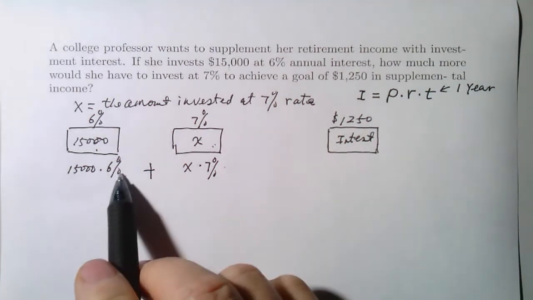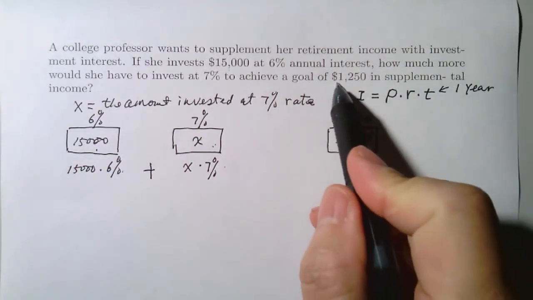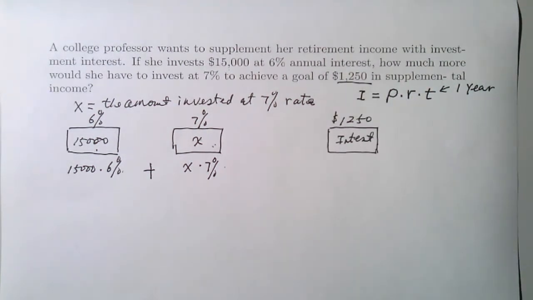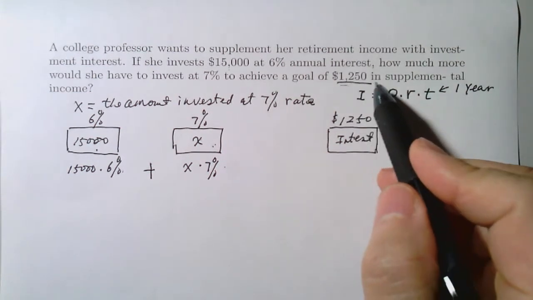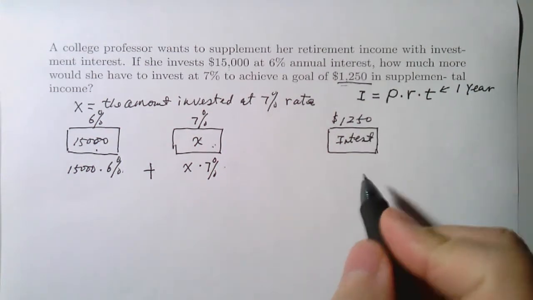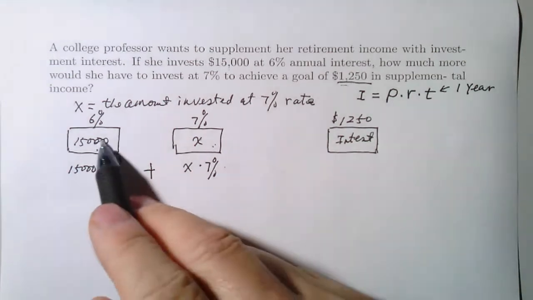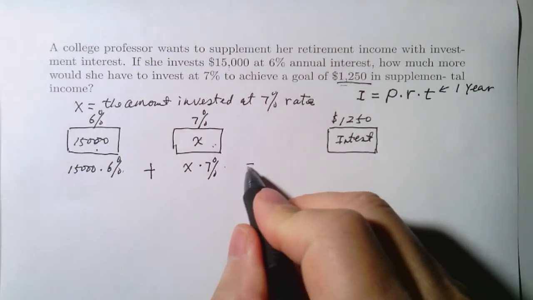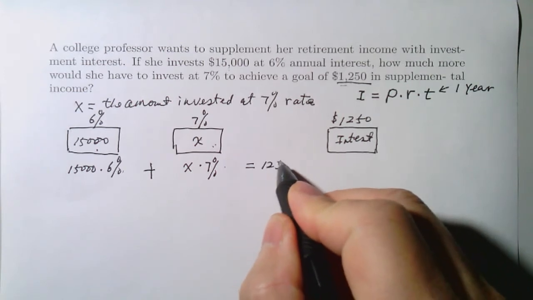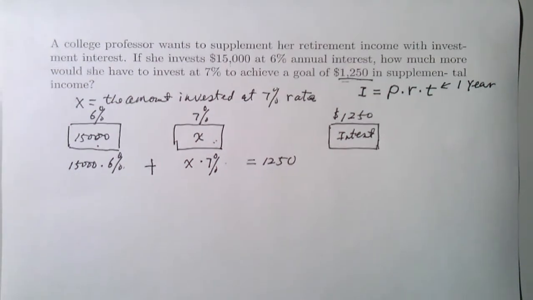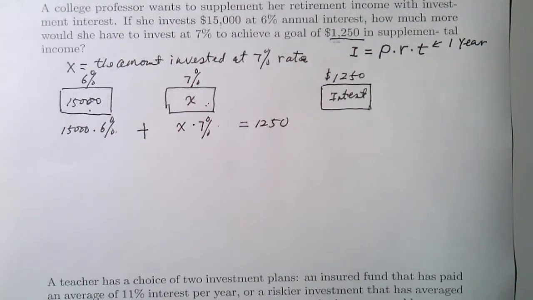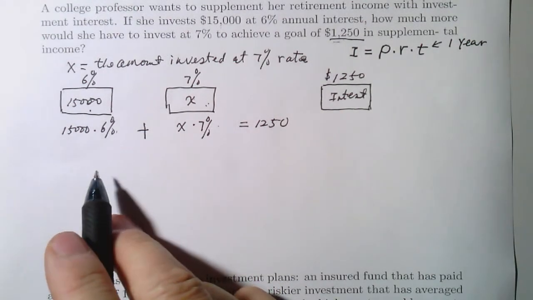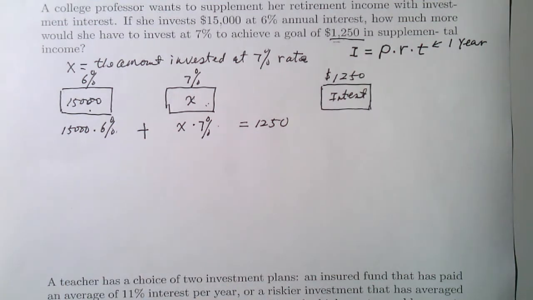But we know the supplemental income total is $1,250, which means the total interest earned from both accounts is $1,250. So that's what we have here. We have a linear equation. Now all we need to do is solve this linear equation.